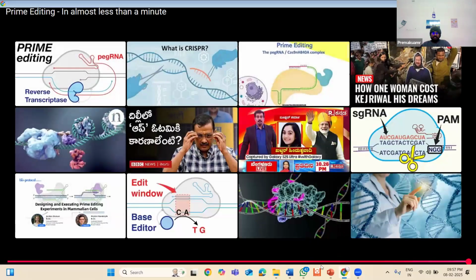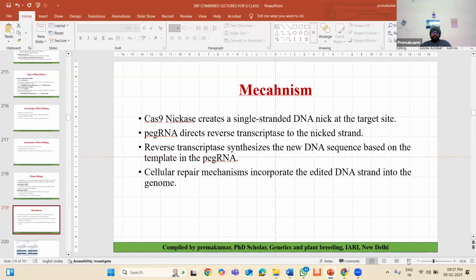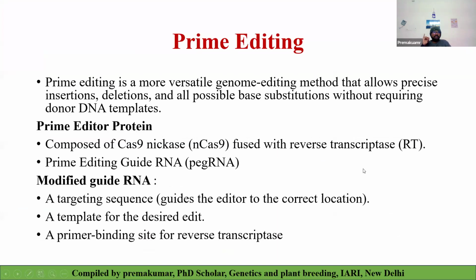This is very simple, but just remember what components we are using: pegRNA, Cas9 and reverse transcriptase. We are introducing insertions and deletions that cannot be made with normal Cas9 without a template.